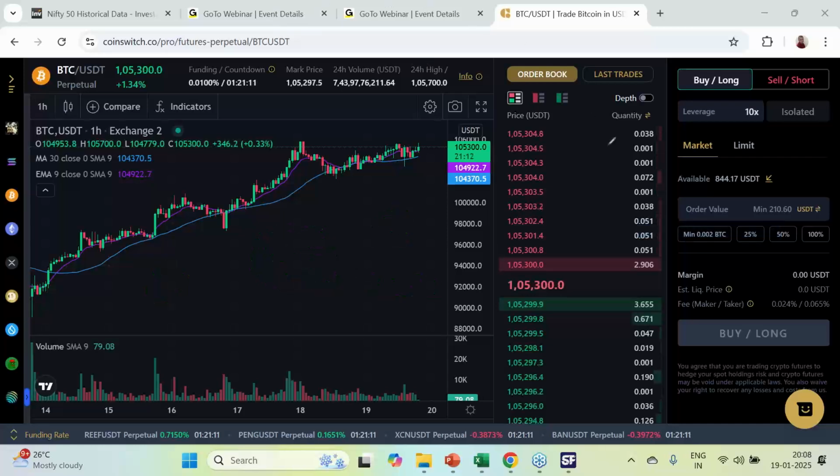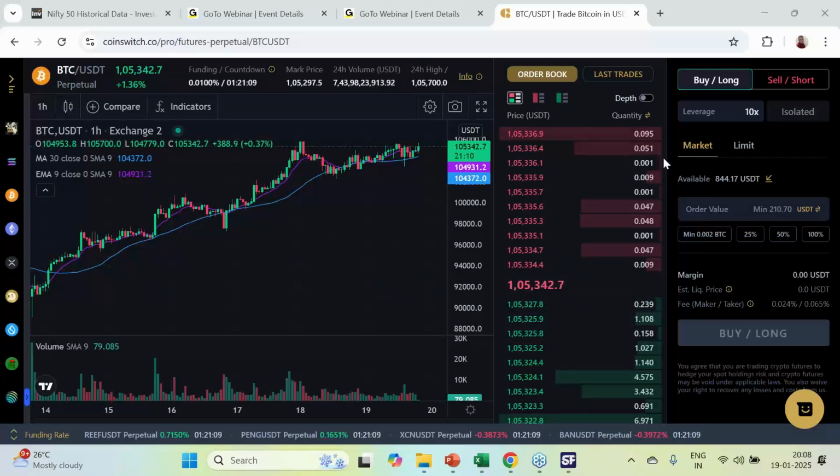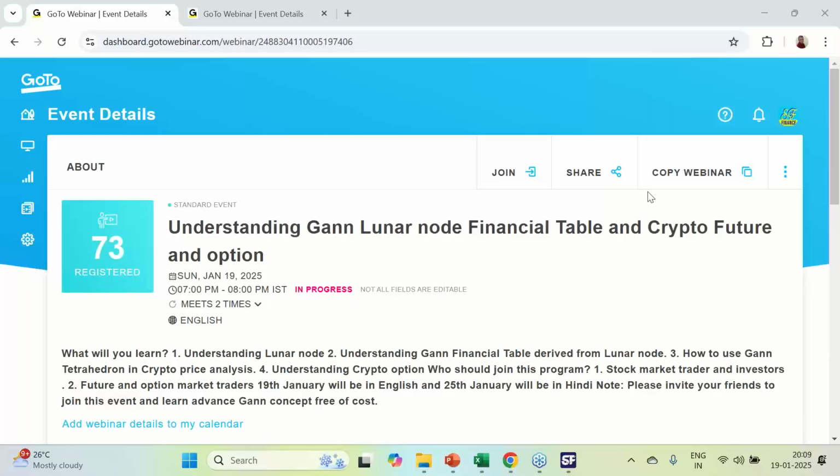Any doubts on Gann's lunar node or on crypto options and futures? Last year in 2024, what are the things we brought?